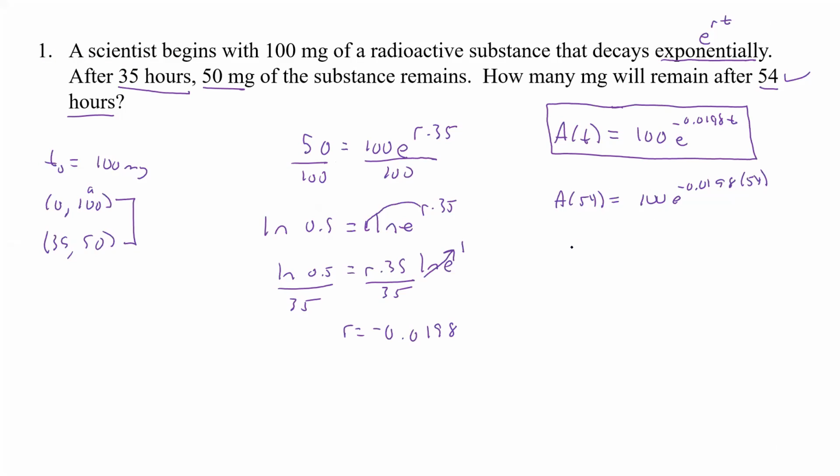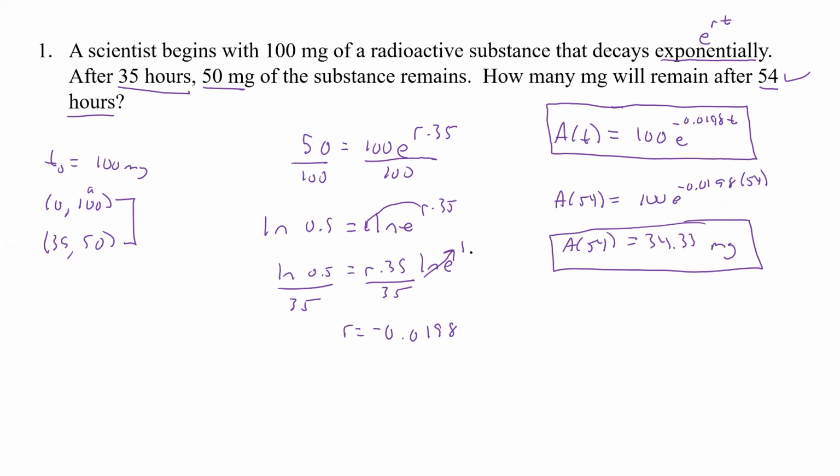So this gives us A of 54 equals 34.33. What was their units? Milligrams of some radioactive substance. Okay. All right. So that's doing it exponentially. Now, you know what? Can we do this the other way we did it before with the B's and all that stuff? Yeah, we can. Let's do it and see if we get the same value.